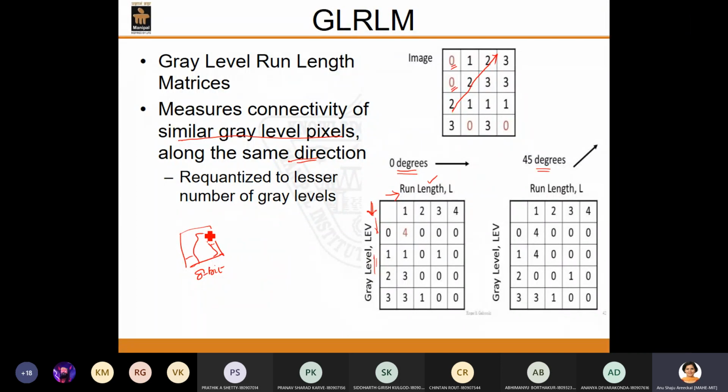But since it's an 8-bit image with 256 intensity values, most of the times when you're looking at this image, let's say some of these values, I'm just taking a random number, let's say one is 128, somewhere else you have 127, somewhere else you have 126 or 125, and so on. So although it represents the same background region, you find that there would be slight differences in the pixel intensity values.